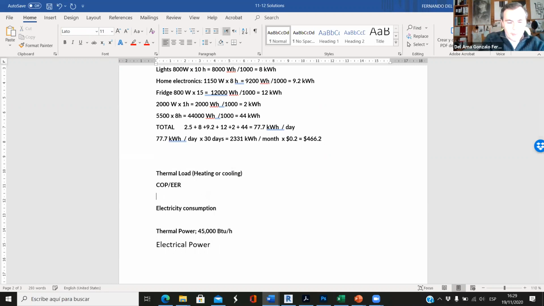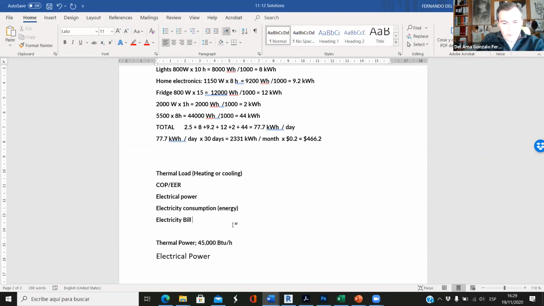There will be something in the middle, so there will be electrical power, and then electricity consumption. Let's say that this is energy, and finally we can connect the electricity bill, in dollars.